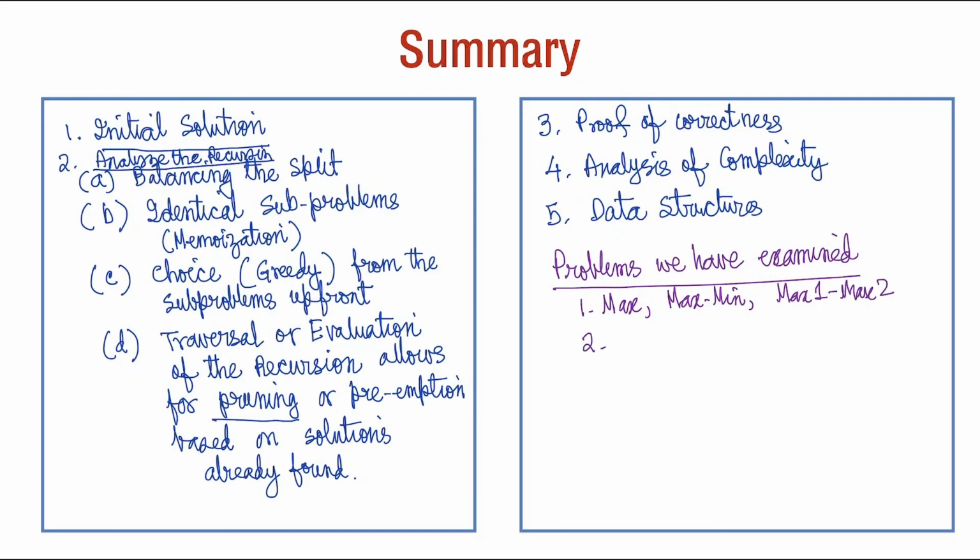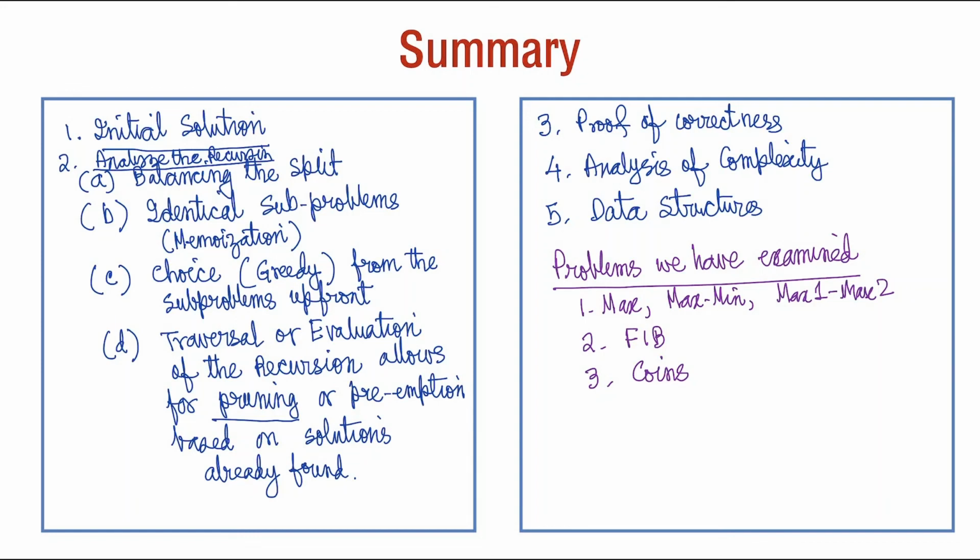Then we saw the fib series or the equivalent of the Fibonacci series. The third, we saw the coins problem. And we have seen that for the same problem, many recursive definitions can come, and the data structures, the recursion tree, and all of them built together.